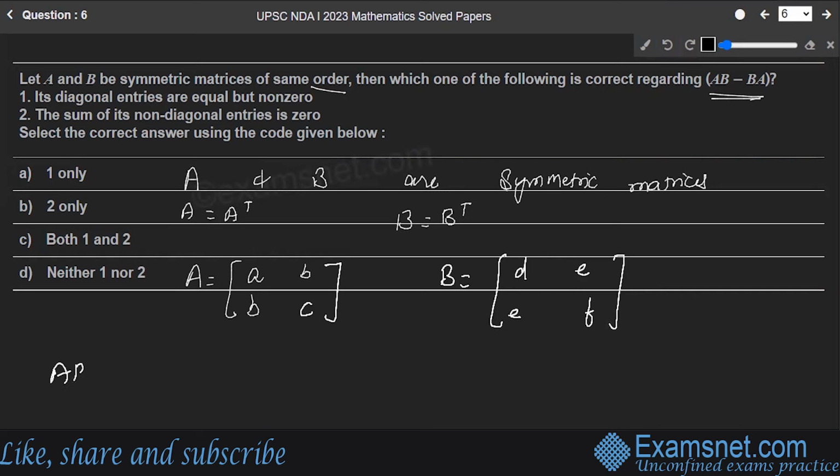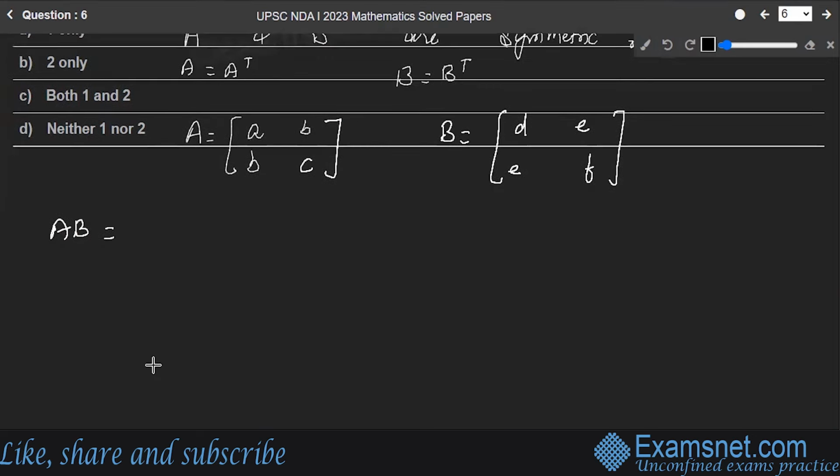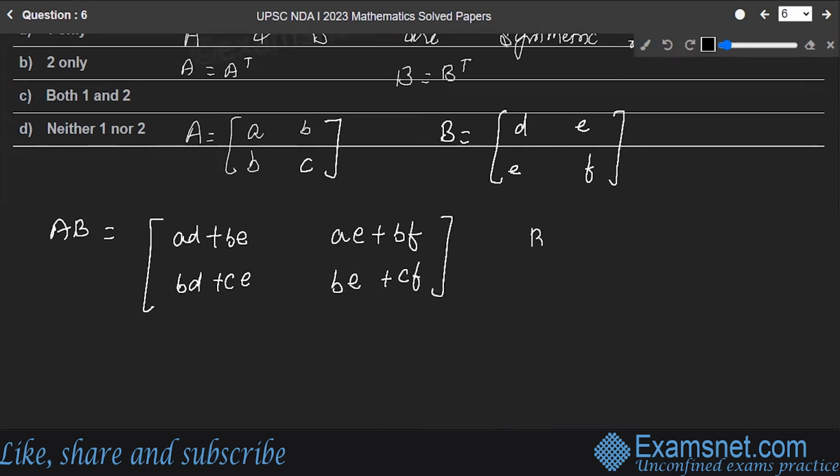Now let's find out AB. AB can be written as, first row first column, AD plus BE, AE plus BF, then BD plus CE, BE plus CF.